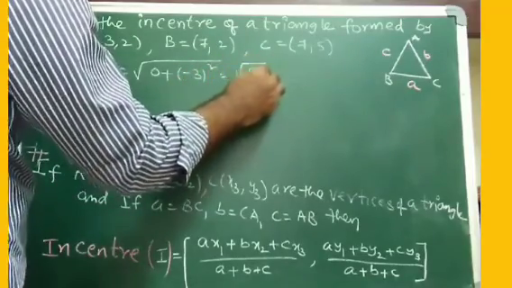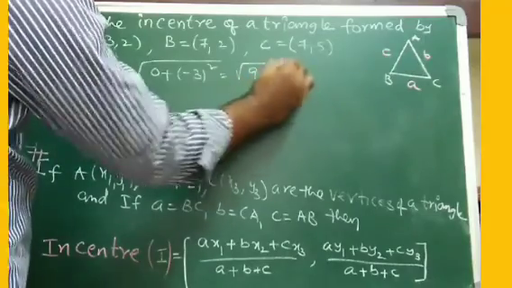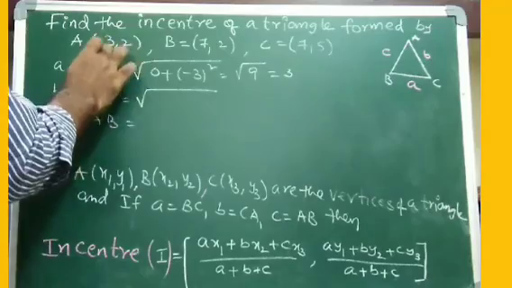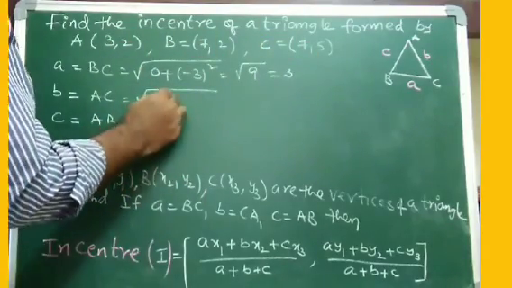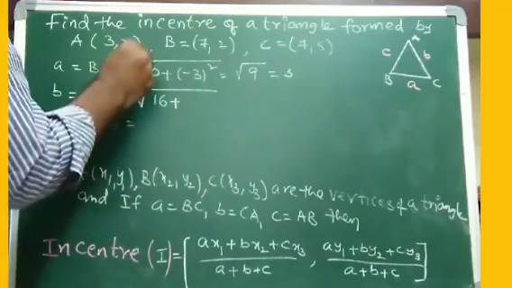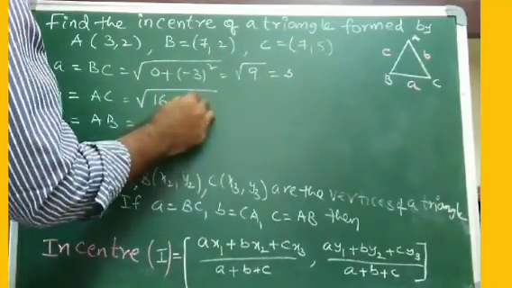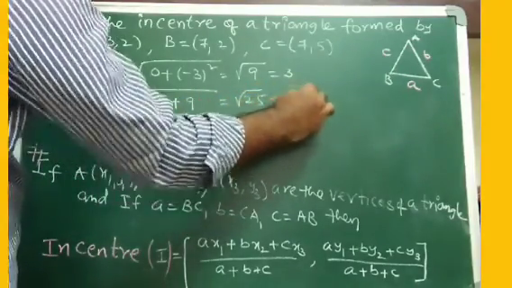Finally, root of 9, which equals 3. Now we find the length of AC: 3 minus 7 is minus 4, its square is 16, plus 2 minus 5 is minus 3, its square is 9, which is root 25, finally 5.